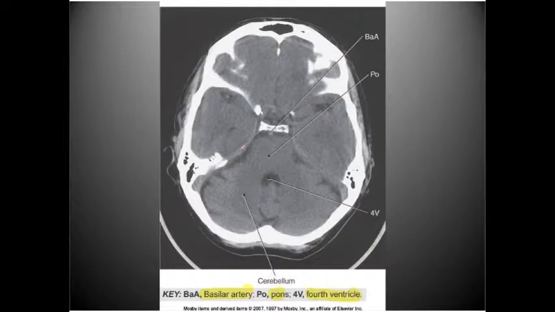So here we have the fourth ventricle, we have the pons here, tentorium cerebelli, probably crista galli here, frontal sinus, base of skull. We're looking at sphenoid bone here, and this is the cerebellum.